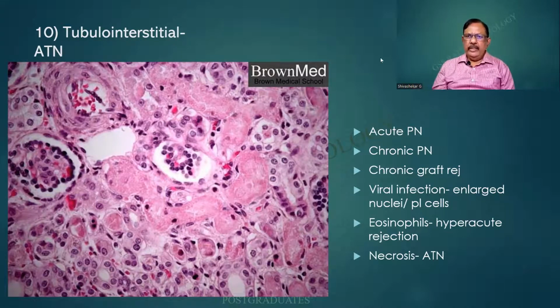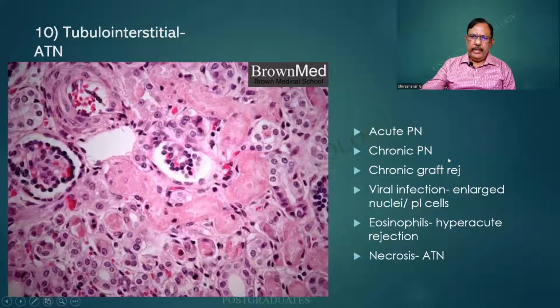After the glomeruli and the blood vessels, we go to a group of diseases called tubulointerstitial diseases. It can be acute pyelonephritis, as we had seen, or chronic pyelonephritis, or sometimes it can be a viral infection wherein there is an infiltrate in the interstitium, eosinophils and graft rejection, and acute tubular necrosis.